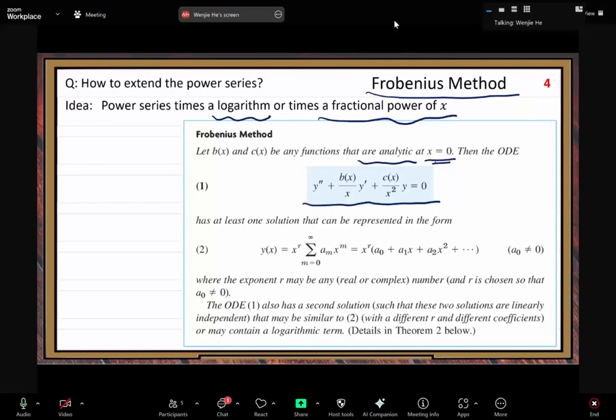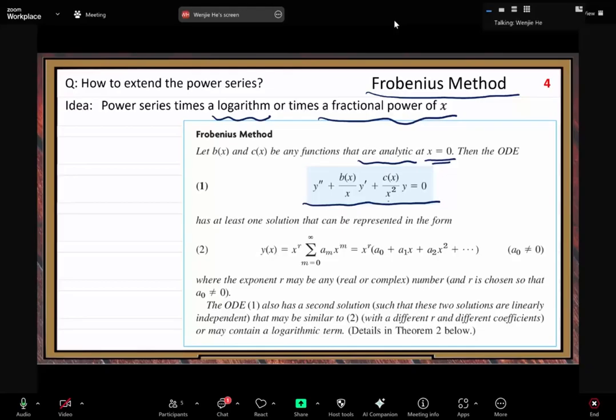Definition of analytic: you can take infinitely many derivatives, C infinity. Actually analytic is even stronger than C infinity. So you don't worry about derivatives. You can take infinitely many derivatives.